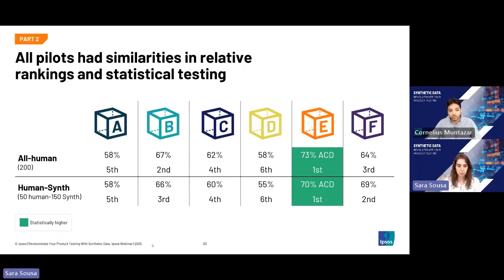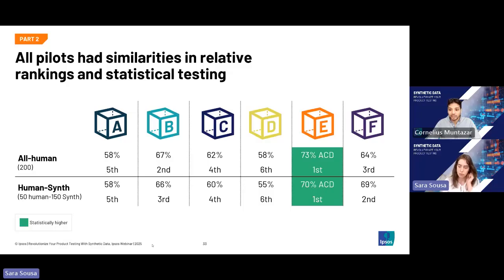And our results were honestly very compelling. In multi-product tests, the augmented samples mirrored the product ratings of the full human sample. The full human sample is on top, and on the second row, it's the human sample plus the augmentation with synths.